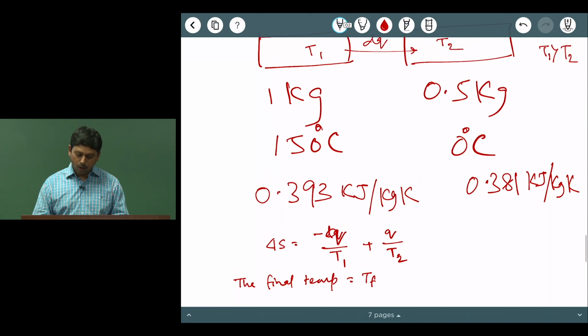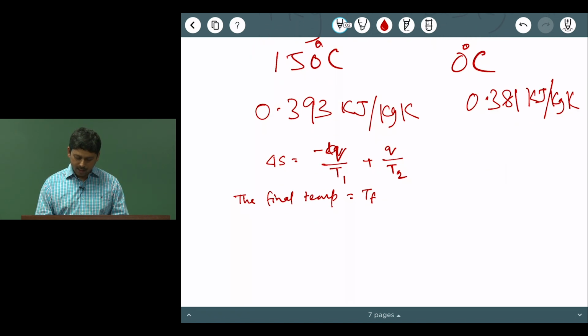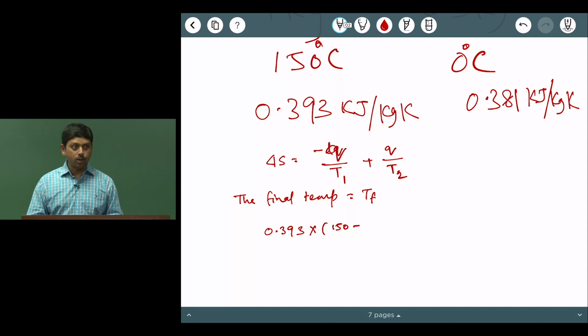Then let us calculate how much heat the first block will lose. We should first convert 150 degree centigrade to Kelvin. So, 150 degree centigrade is equal to 150 plus 273, 423.